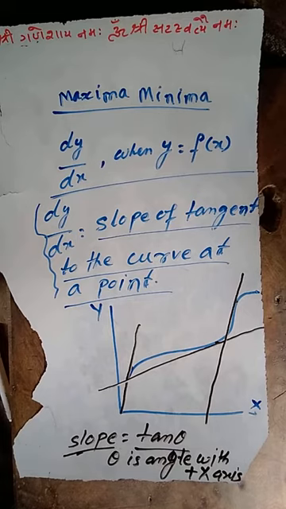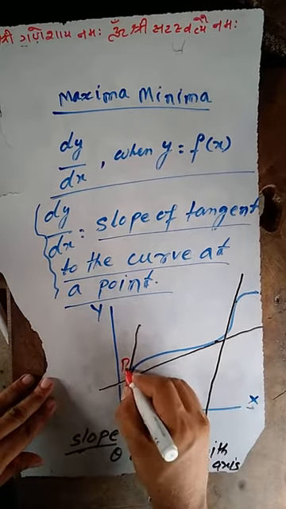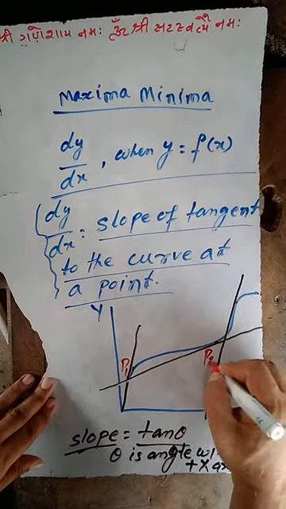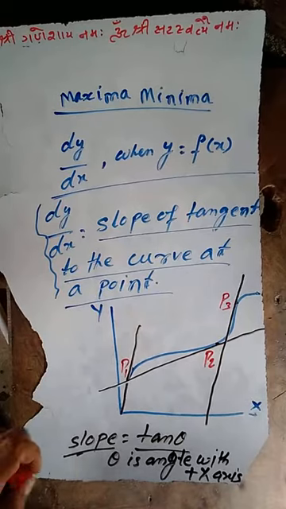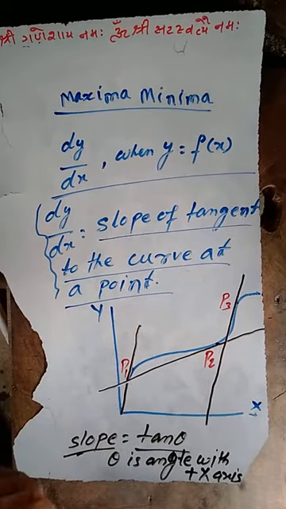So suppose this is your point P1, this is your point P2, and this is your point P3. How will we calculate dy by dx?